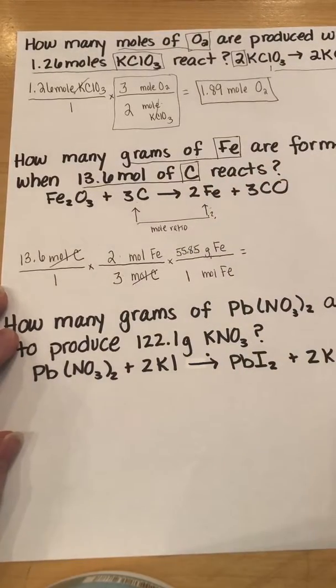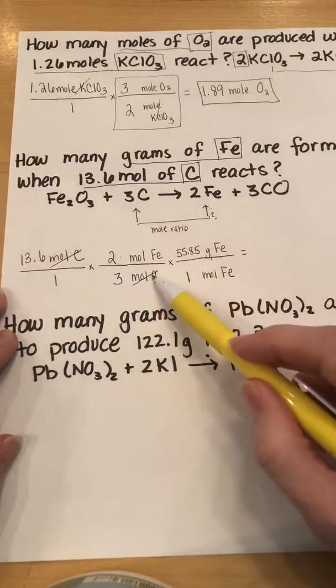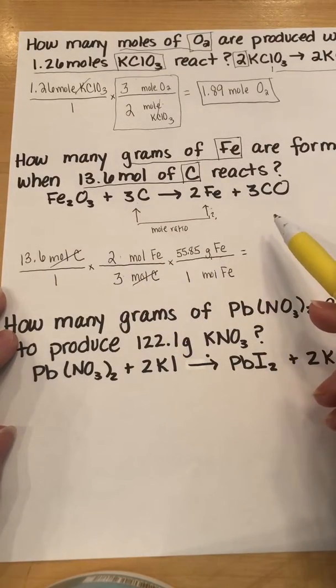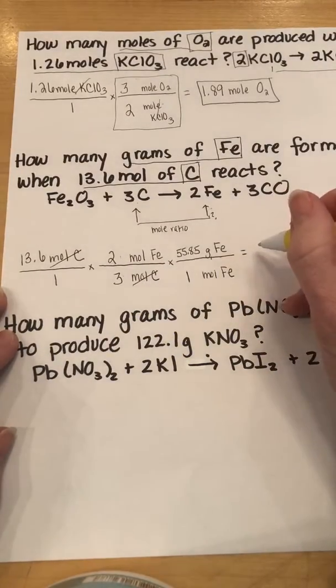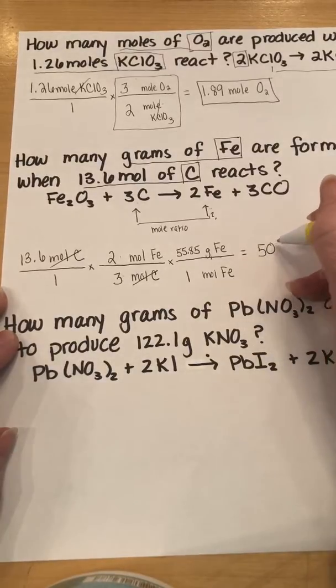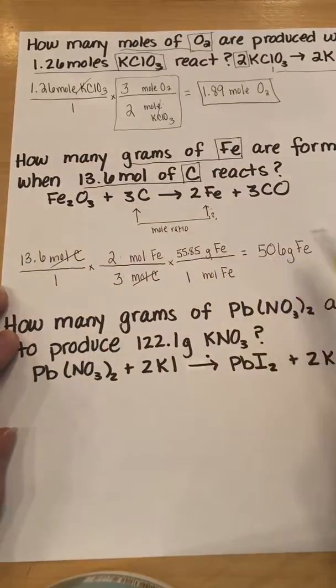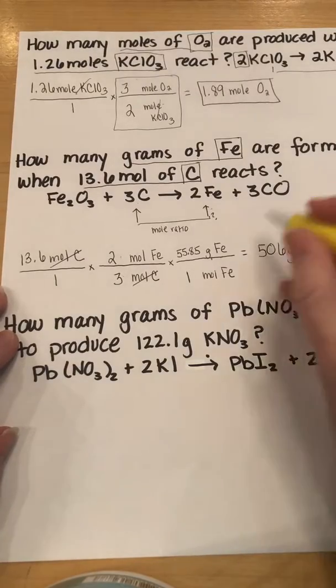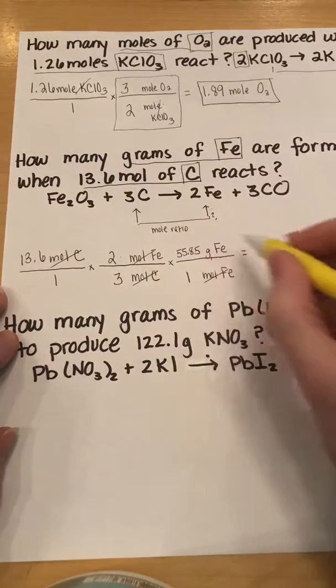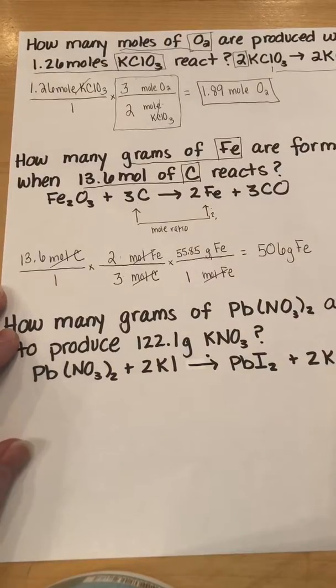And now we can go ahead and solve. Multiply across the top, divide by the bottom. Whenever I do that, if I did this correctly and put this in my calculator, you should get about 506 grams of iron. Okay, and again, 3 sig figs, so I'm going to keep 3 sig figs unless I'm told otherwise. So I can follow my units, grams of Fe, that's where I am.